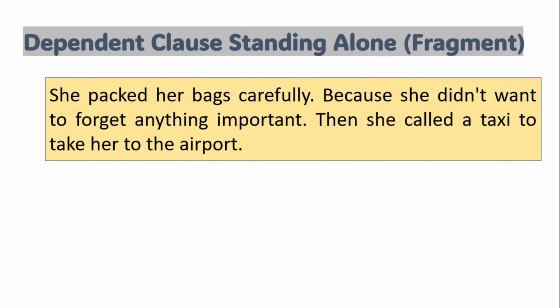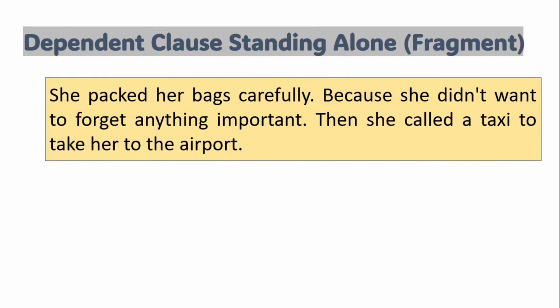This sentence should be linked to the previous one because this is what we call in English a dependent clause. If I say she didn't want to forget anything important, I have a subject, I have a verb. It's a complete sentence, except that it starts with the word because, which will make it what we call in English a dependent clause.